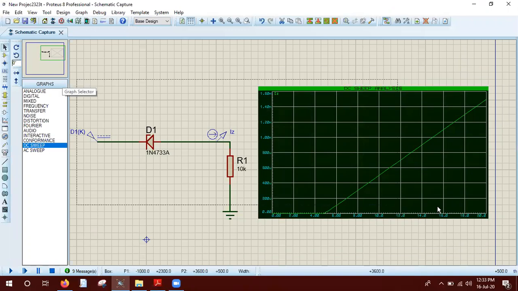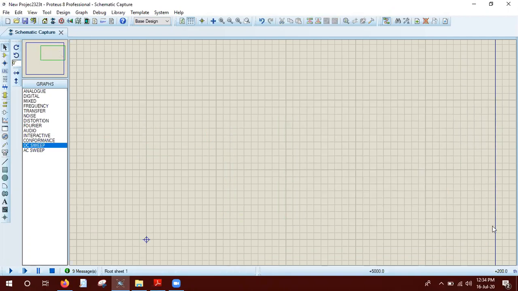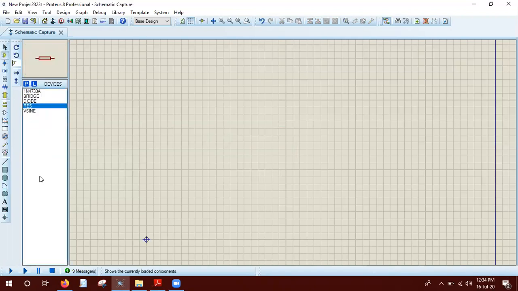Okay, let me remove everything and start with how the Zener diode basically works. So my student, let me start with an example of how to find out the Zener diode operation.